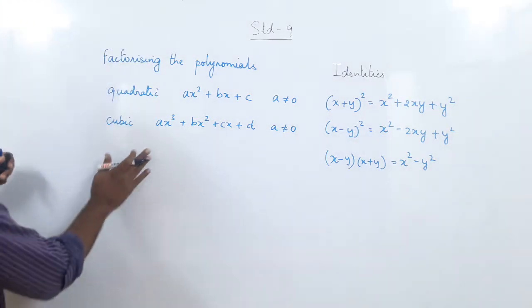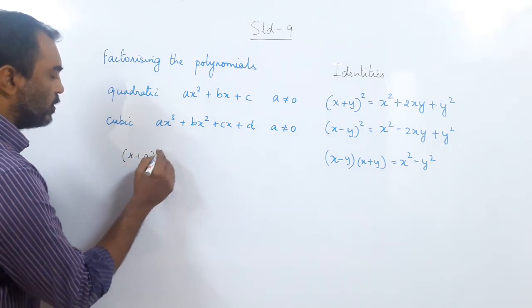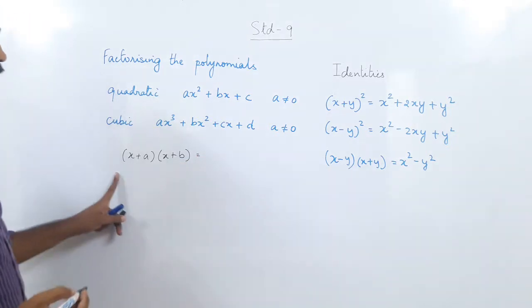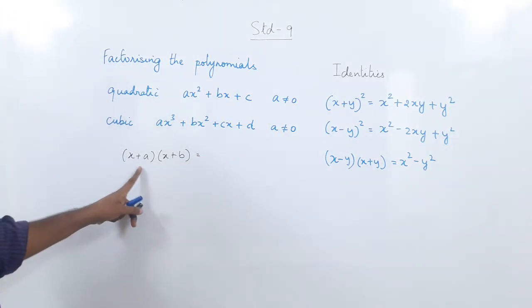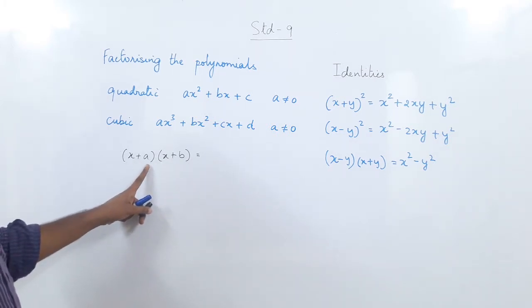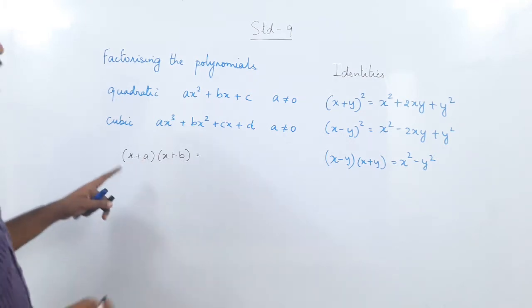Now one last thing we need to do is a variable x plus a into another x plus b. So now you see, this is not the same. This is not (x plus y) into (x plus y). It is x plus something and x plus something. It means the x has remained the same, and these two numbers have changed.